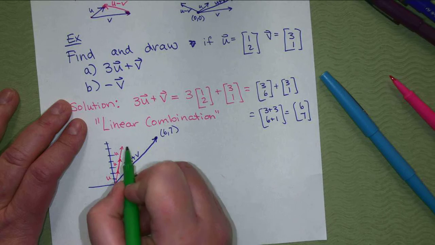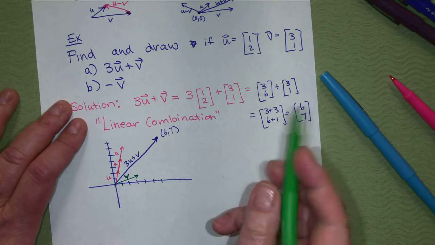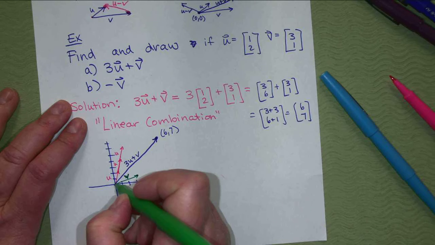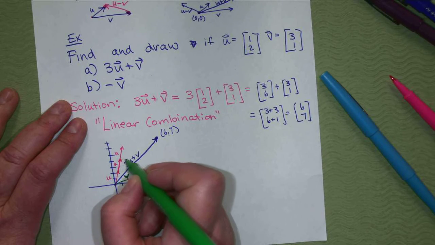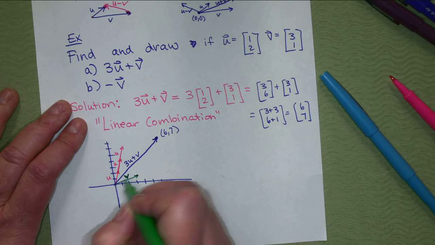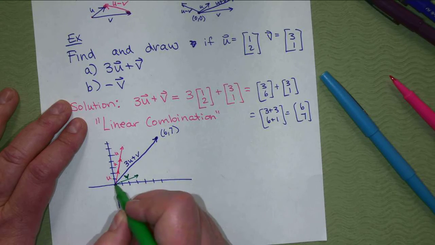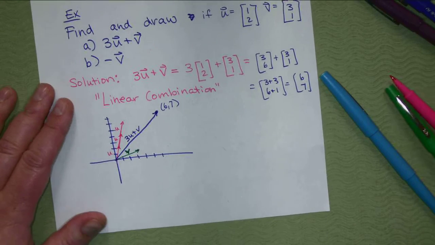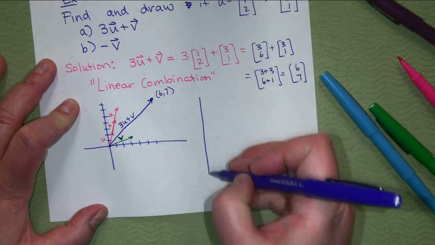Over 3. Oh, I did something wrong here. Let's see. Where am I? Oh, I see what I did wrong. Hopefully you didn't do it wrong. Or did you just do what I did? I'm just going to draw it bigger.